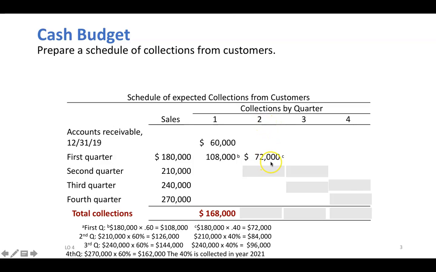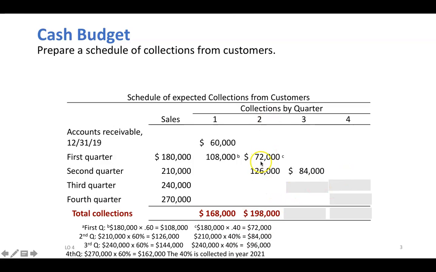In second quarter, we're collecting 40% of what we sold in Q1 and 60% of the $210,000. So 210,000 times 60% is 126,000. The remaining amount of 210K that we sold in Q2 will be collected in Q3, which is 40% of the 210,000, which is 84,000.